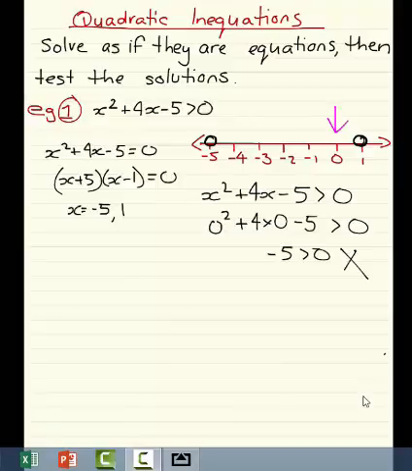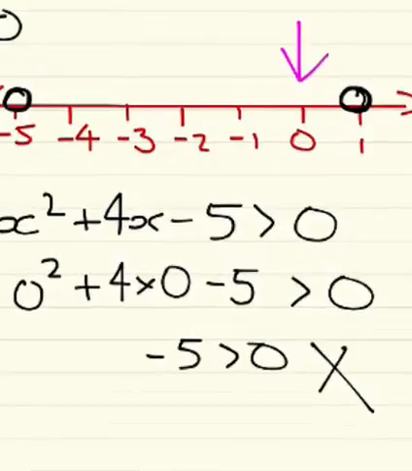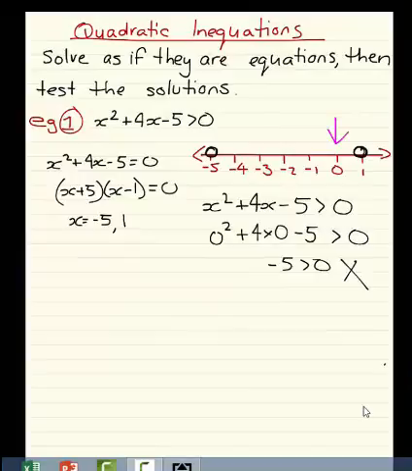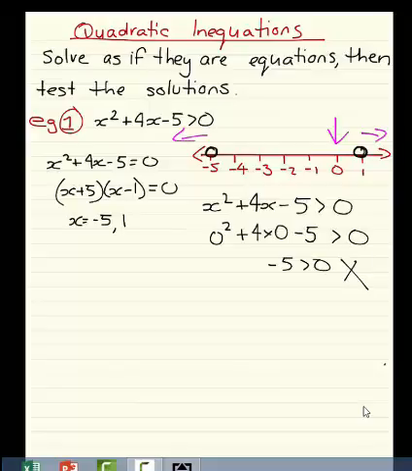So that means that the point 0 does not lie in the range that satisfies this inequation. So it doesn't include this range. It's that side of 1 and that side of negative 5. So our solution is that x is greater than 1 or x is less than negative 5.